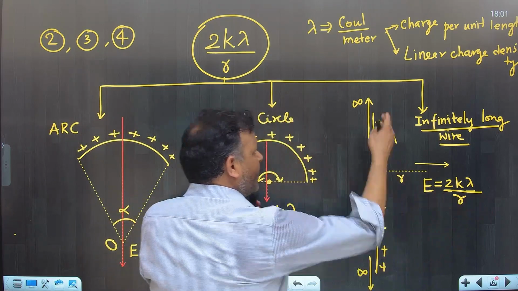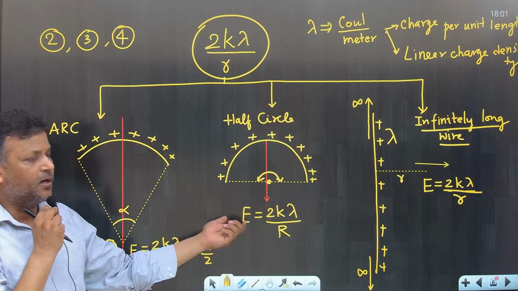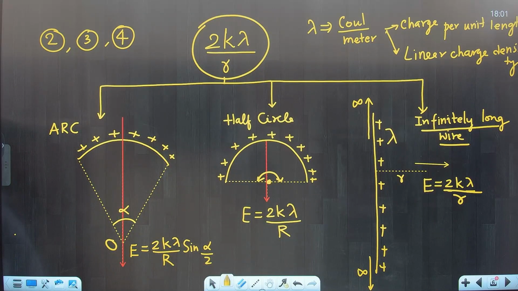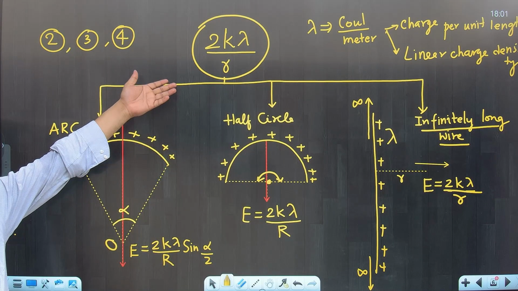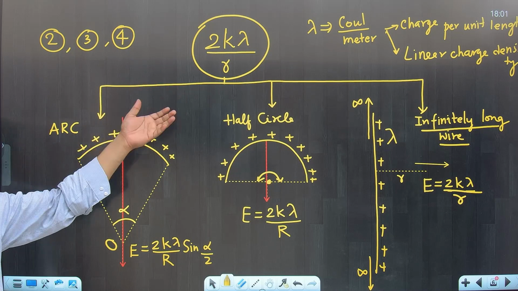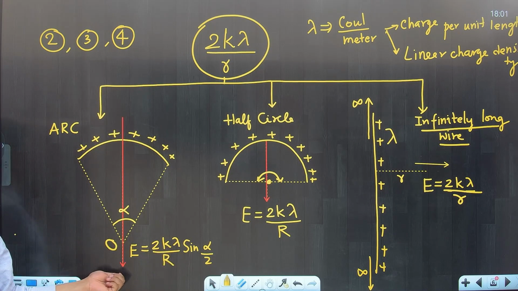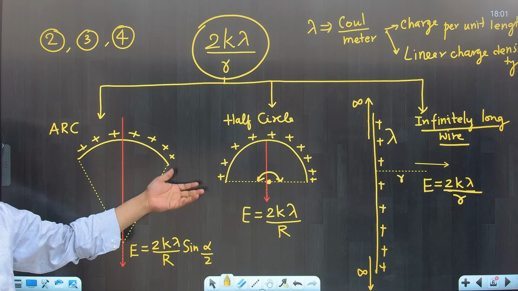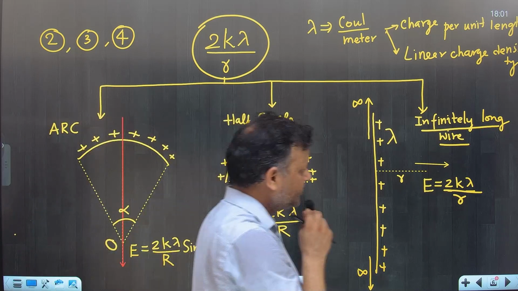This infinitely long wire has the same formula which a half circle has at its center. So it is very nice that you just have to learn this term 2k lambda by r. Multiply by sine alpha by 2 and you will get the electric field at the center of an arc. And the same term is used for a half circle as well as an infinitely long wire. Come to the next point.